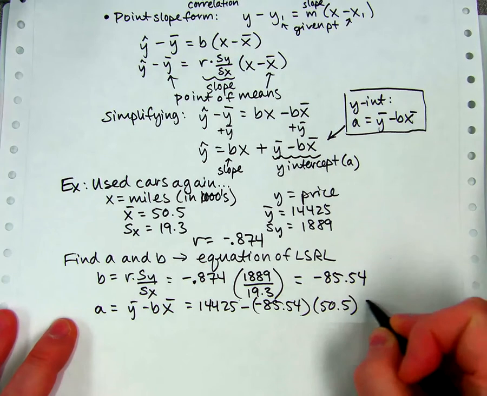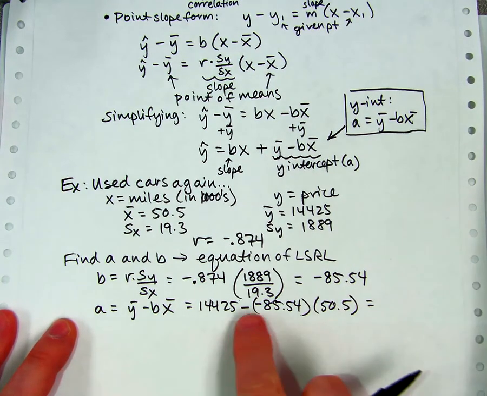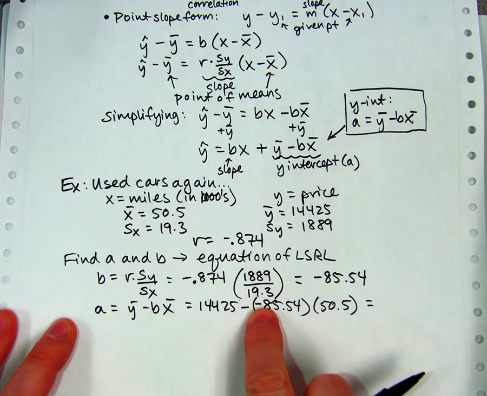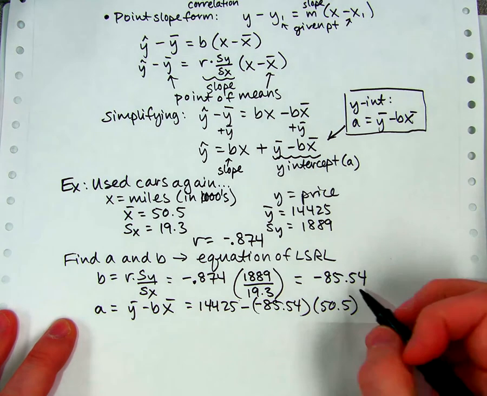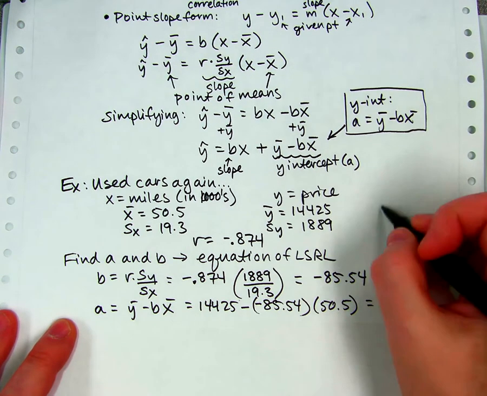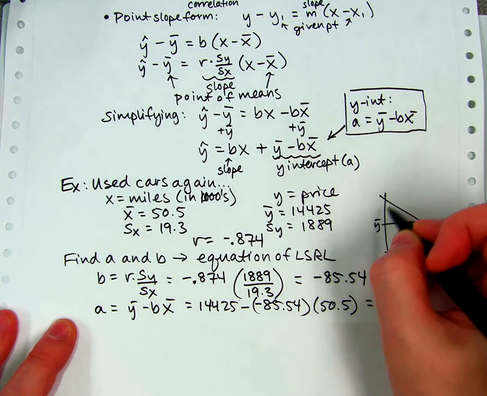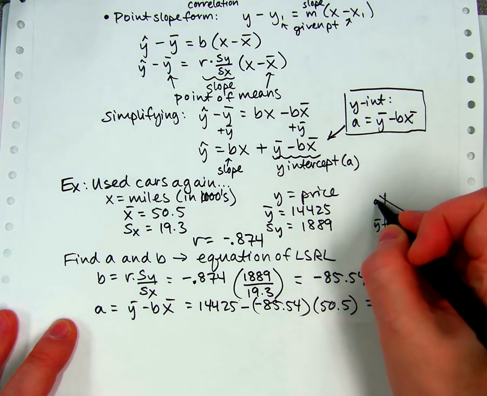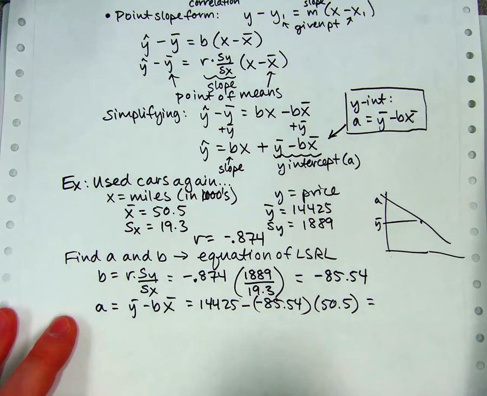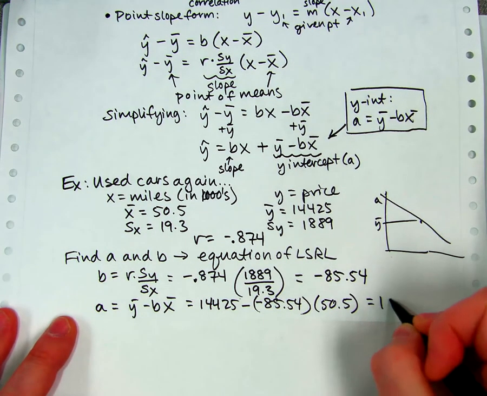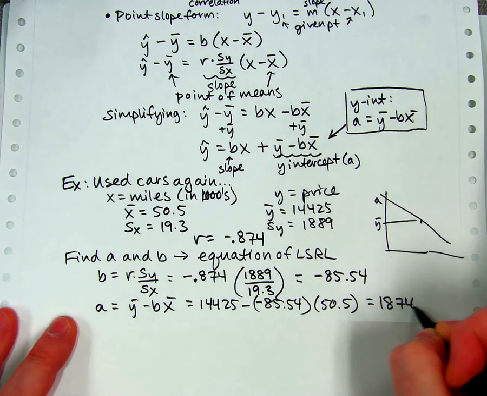So if you type all that in your calculator, this becomes a positive, and you get something bigger than the 14,425, which makes sense. The y-intercept ought to be, if the slope is negative, bigger than your Y bar. This is your A up here, y-intercept. So it does come out bigger. It's 18,744.77.